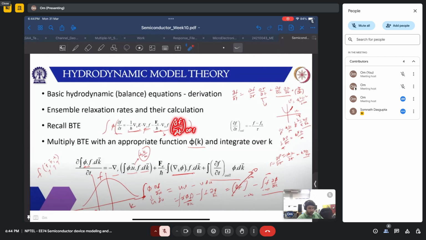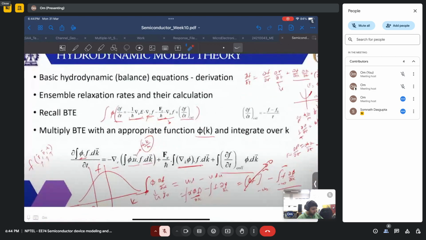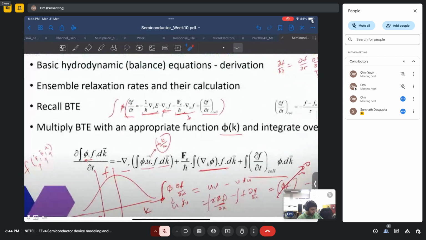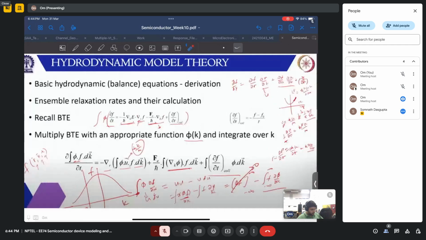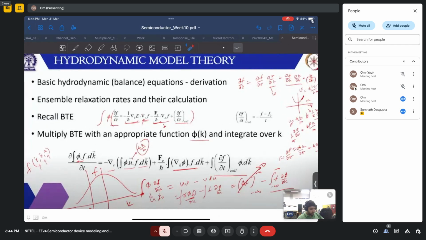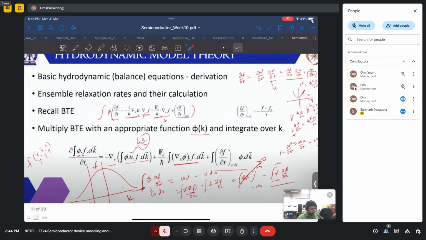So this is the Boltzmann transport equation, which I think you would have studied last week. To derive the energy balance or different balance equations required for the hydrodynamic model, we multiply the Boltzmann transport equation with an appropriate function phi k. We'll know more about what phi k is later, and integrate over the momentum k. So we multiply this whole equation by phi and integrate with k. That's what is done here.